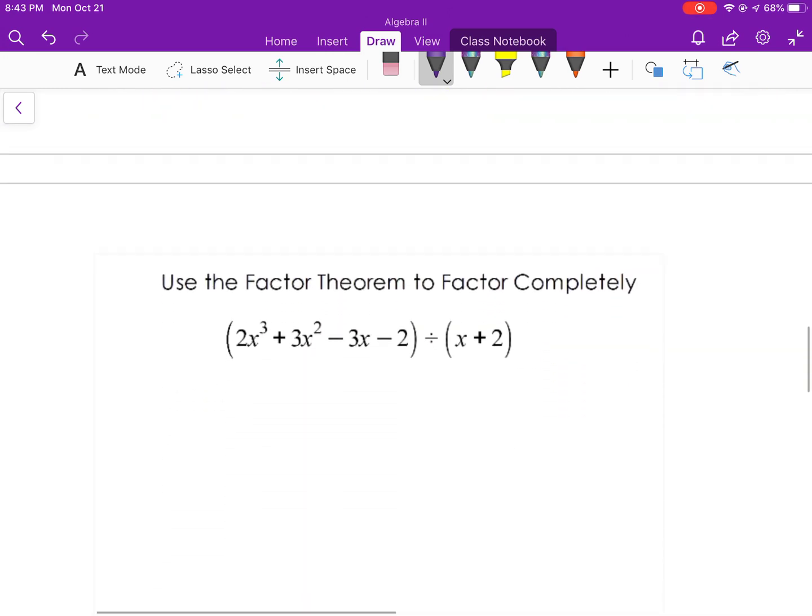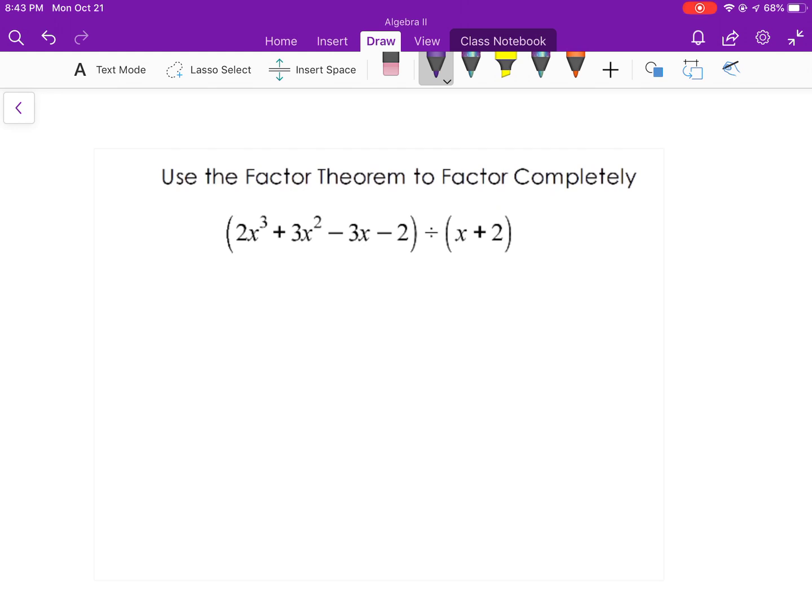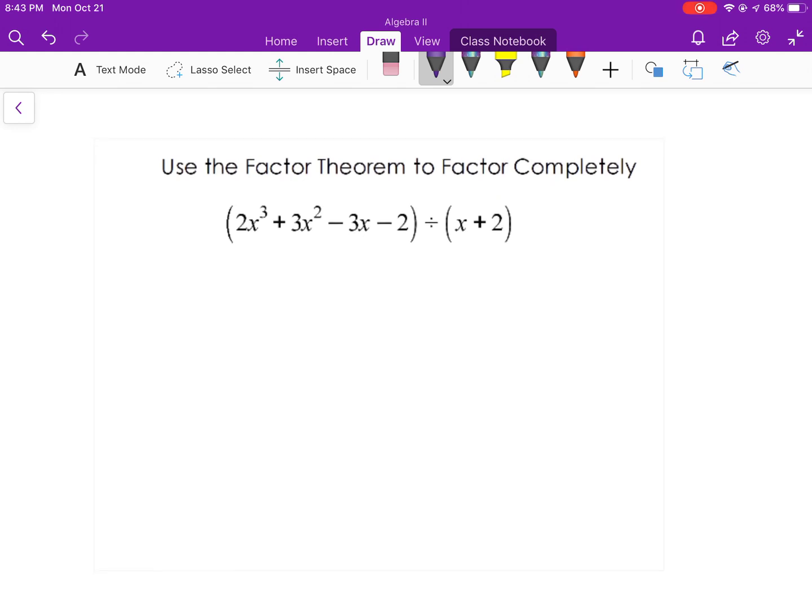So what I can do is use this factor theorem, this idea, to factor a polynomial completely. For example, the only cubic patterns we've got are the sum and difference of two cubes. But if I can do synthetic division, 2, 3, -3, and -2, and again, make sure it goes from the third power to the second power to the first power to a constant, and that they're in standard form.